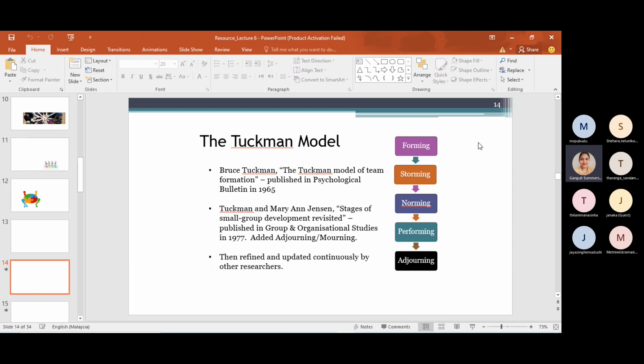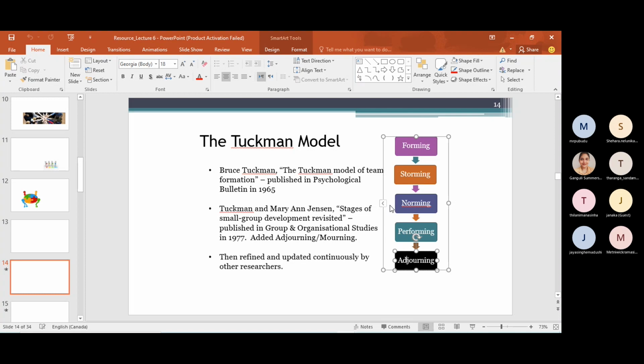According to Tuckman's group theory, there are 5 stages in team development.